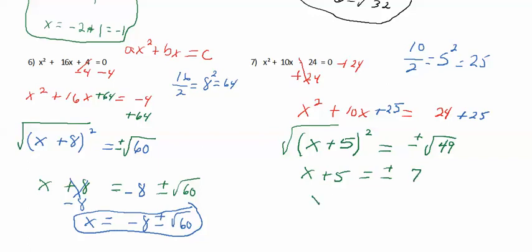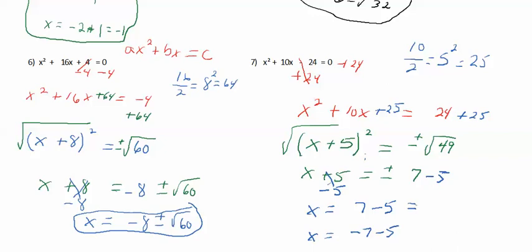Okay, next step, I need to subtract 5 from both sides. So I'm going to subtract 5 from this side and subtract 5 from this side. So now I have x is equal to 7 minus 5, and x is equal to negative 7 minus 5.